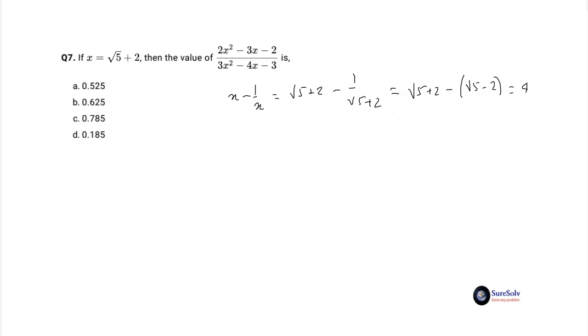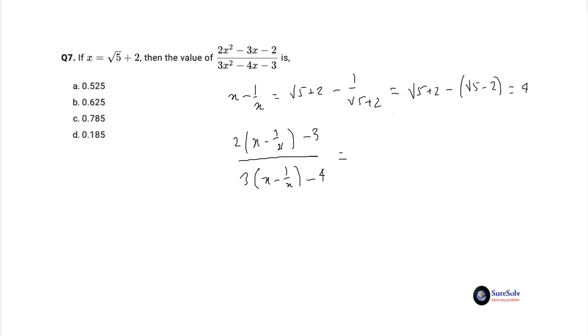Next target is now to form the expression x minus 1 by x in both the numerator and the denominator of the target expression. That is also easy to do. We divide both the numerator and the denominator by x and take first and third term together for both numerator and denominator. For the numerator we get 2 into x minus 1 by x minus 3, we divide it by x, and for the denominator we get 3 into x minus 1 by x minus 4.